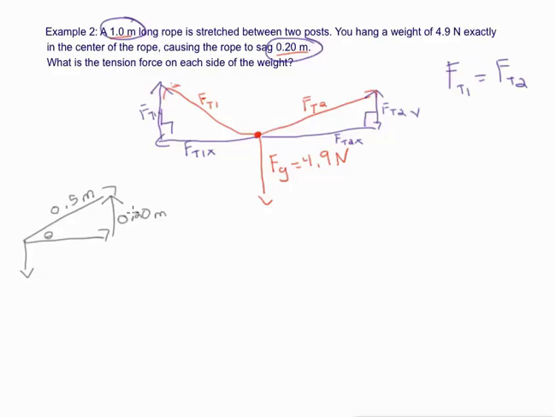This is opposite and this is hypotenuse, so we're going to use SO. The sine of theta equals opposite over hypotenuse, and you can see the meters would cancel out. And we can calculate that our theta is 23.6 degrees.